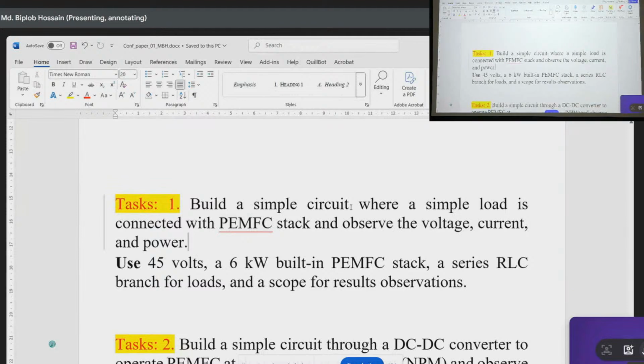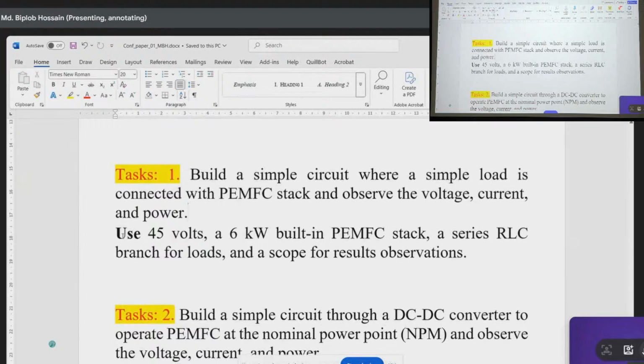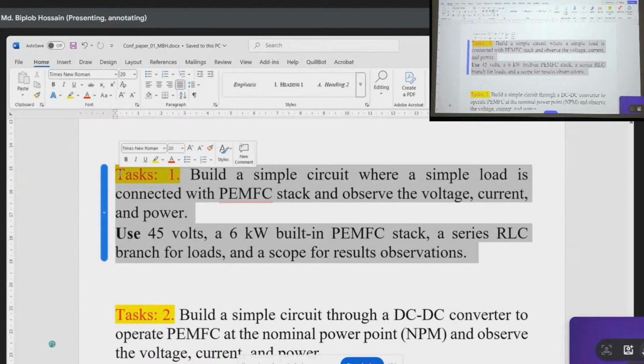Build a simple circuit where a simple load is connected with a PEMFC stack and observe the voltage, current and power characteristics. For that, use a 45 volt, 6 kilowatt built-in fuel cell stack, a series RLC branch for the load, and a scope for observing results. This first one is for the very beginner.